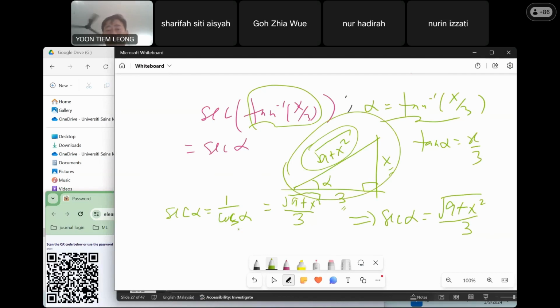Then you label the triangle properly, specifically label the angle alpha and the opposite and adjacent based on the definition of tangent alpha, then you can solve these questions quite straightforwardly. So you find that you need to understand the definitions of the trigonometric functions very well in order to do these questions.